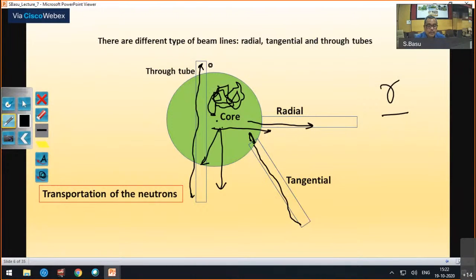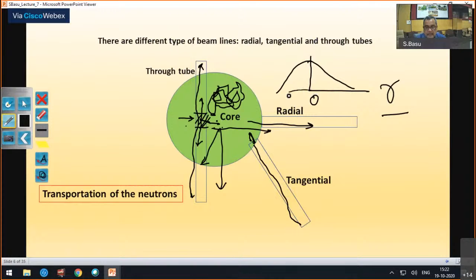There's a through tube. This through tube is interesting. Actually, it is not really through, but there's a small portion where there is some moderator. That means this through tube doesn't look at the core at all, and only those neutrons which undergo very large angle collisions can come out of it. The through tube is in a zone of the reactor where the flux is very high, because if you plot the reactor flux as a function of radial distance, with the center here, it falls somewhat like this. It's a cosine curve.